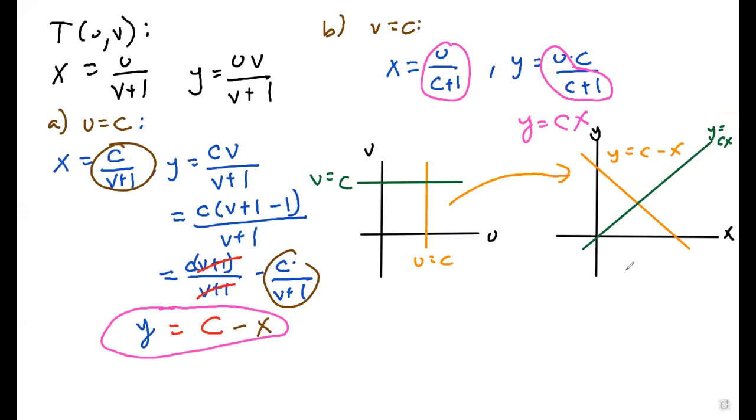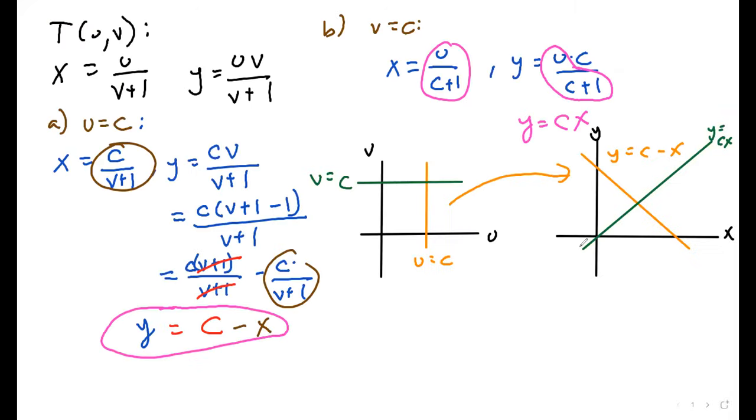So for the Jacobian, partial xy over partial uv, this is going to equal the determinant of a 2x2 matrix with all of the partial derivatives. It's going to be partial derivatives of x and y with respect to u and v. So we're just going to read off the partial derivatives here.